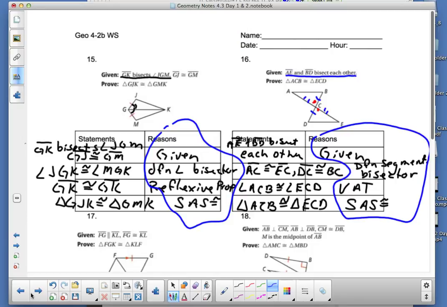We've used vertical angles. We've used given, but that's almost a given to use given, right? And then we've got definition of angle bisector, reflexive property. Pay attention to what we're doing, because these are reasons for why I can do my steps. People are like, where are all these reasons? I'm exampling all the ones I'm going to use on the test in front of you every day. Okay, so let's do this next one.